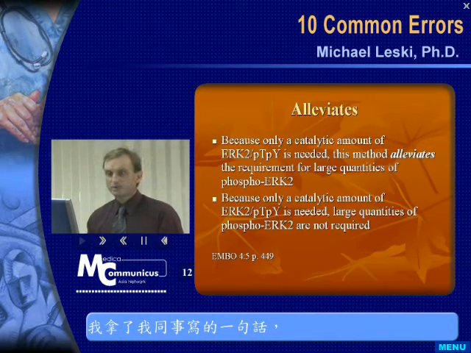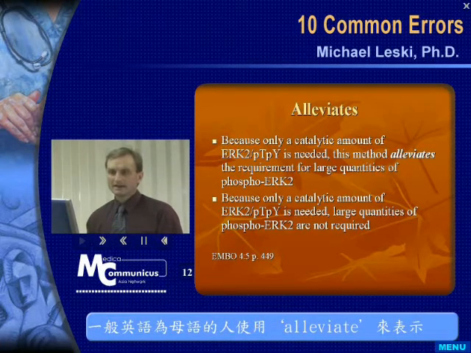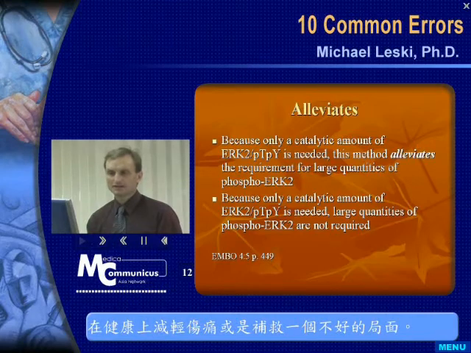And here I'm showing a sentence taken from one of my Chinese colleagues, and he uses the word alleviate to talk about reduction of the requirement for a specific protein. Now, a native English speaker uses alleviate normally to indicate reducing pain or remedying a bad situation from more of a health standpoint.